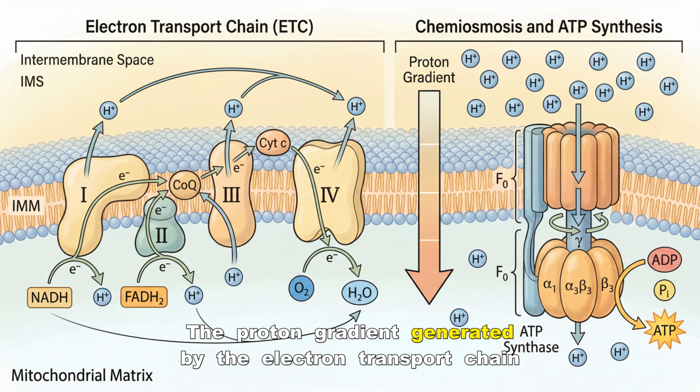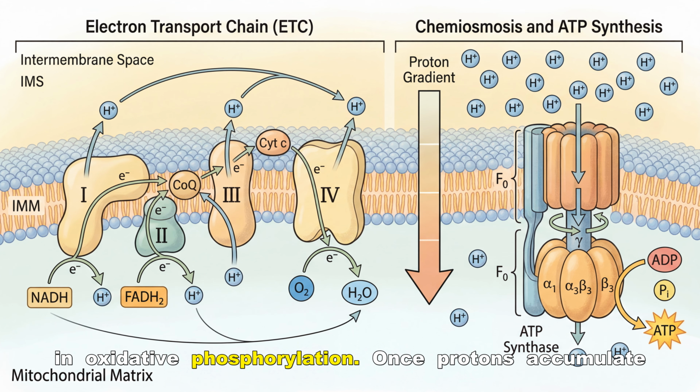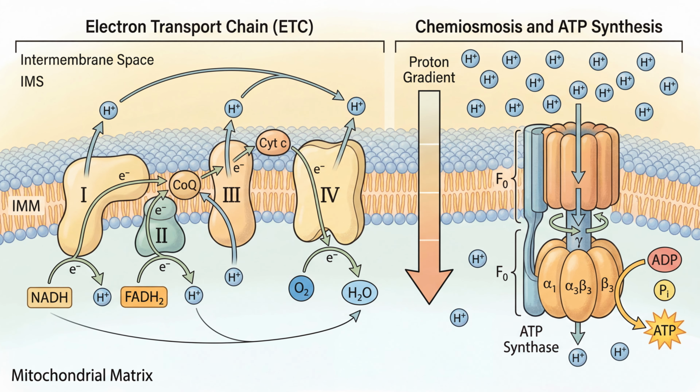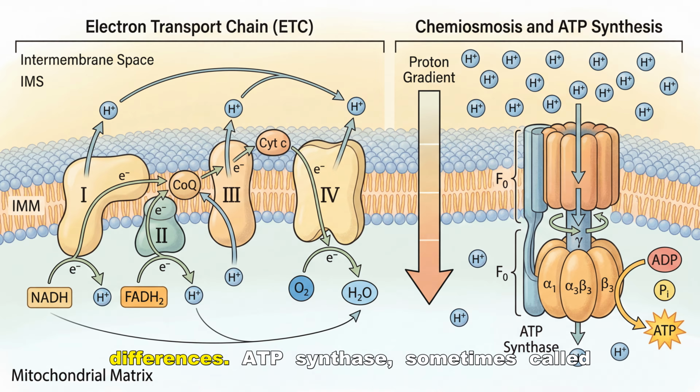The proton gradient generated by the electron transport chain drives ATP synthesis through ATP synthase in oxidative phosphorylation. Once protons accumulate in the intermembrane space, they naturally want to flow back into the matrix due to both concentration and charge differences.